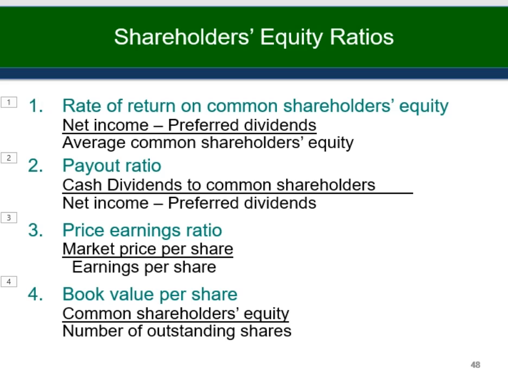The market price per share is the price at the end of the period for each share on presumably a liquid traded market. Book value per share is the entire common shareholders' equity. So we would remove the preferred share from equity. Just the common shareholders' equity divided by the number of outstanding shares. That's the book value per share.